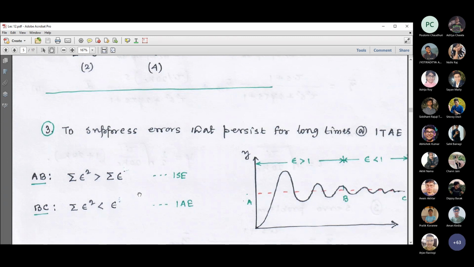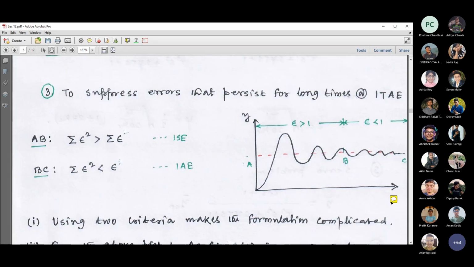Let us first draw this figure which is shown on the right hand side. It is y versus t basically. Here you write t, I missed it. This is the y versus t plot.